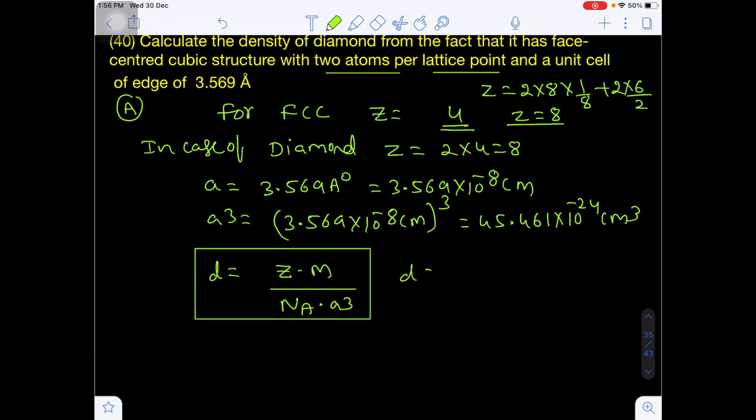Okay. Now here, for the density, the Z value we have to take is 8. Do you know what is the molar mass of carbon? That will be 12, because diamond is the crystalline form of carbon. Okay. Here the atomic mass of carbon will be 12 grams per mole, divided by Avogadro constant, I am using 6 into 10 raised to 23 instead of 6.022 into 10 raised to 23, into the a cube value here, that is the volume of the unit cell, that will be 45.461 into 10 raised to minus 24.